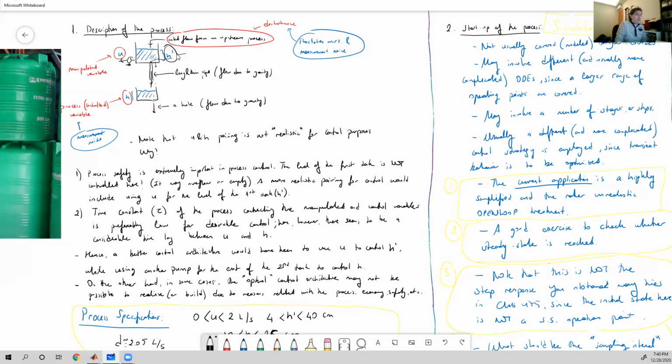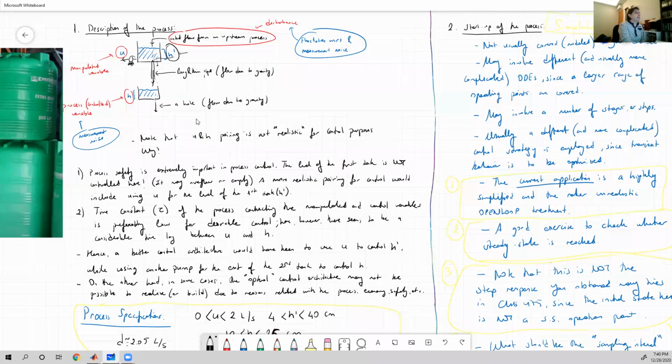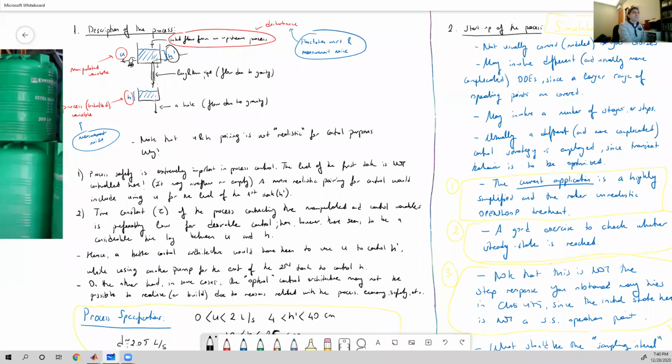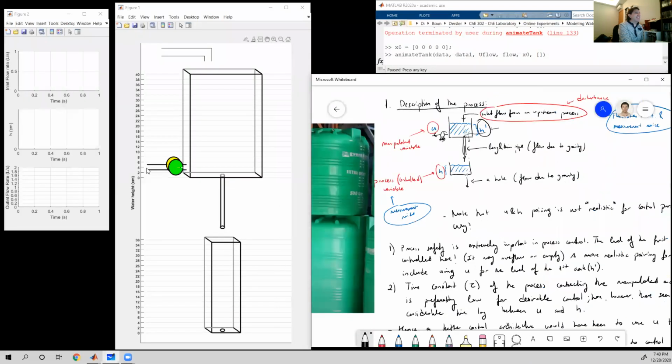And from a process control point of view, this is unacceptable, because the water level in the first tank may cause an overflow, or the first tank may be drained. Actually, we have a kind of control mechanism here to prevent this from draining, because as I said previously, when water height is less than 4, this pump, this manipulated variable, will be automatically closed.